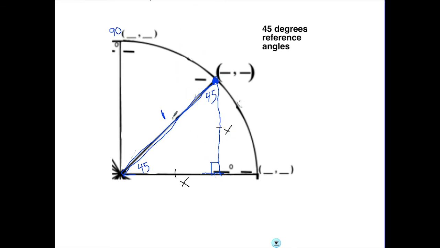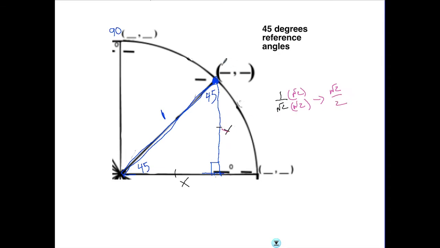And what length are they? Well, they are √2 times smaller than this. In other words, I want to go 1 divided by √2, which if I simplify that, I'm going to go √2 over 2. That's the value of x and y.